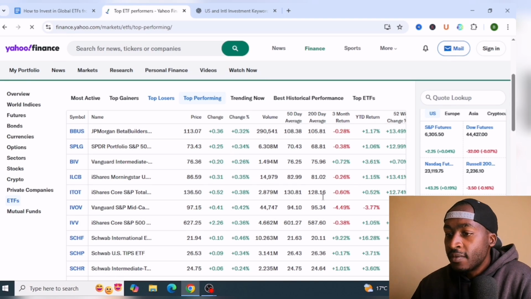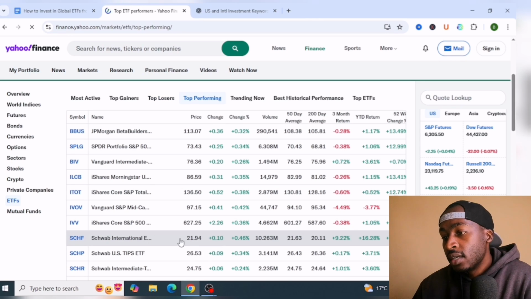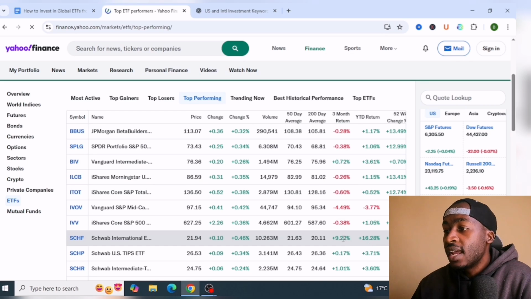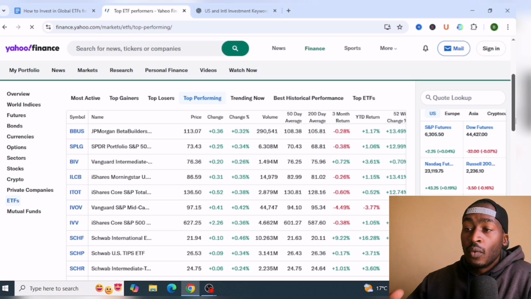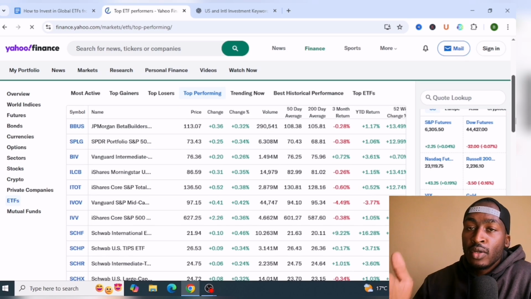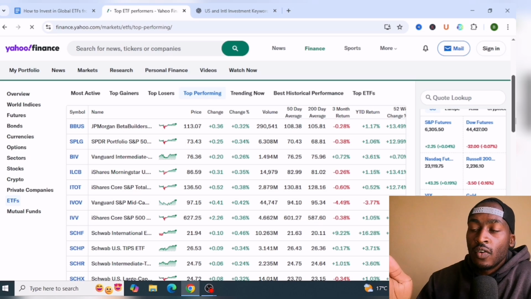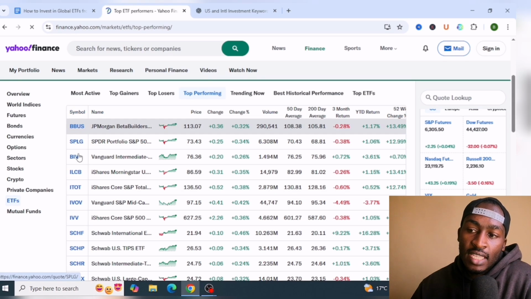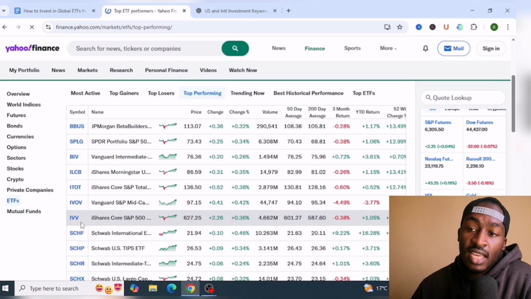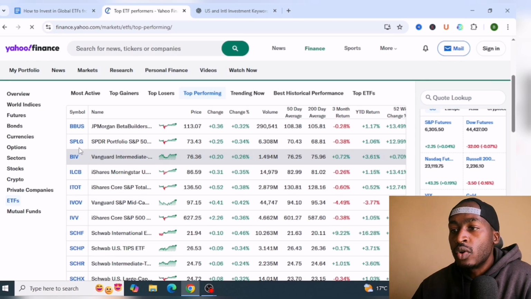For example, we have this Schwab International ETF, which is one of the best performing ETFs, and the returns year to date are 16% plus, and in the last 3 months it is 9.22%. So you can come here and search for ETFs, and usually when you go to a trading platform like Ndovu, you will be searching for symbols. These are the symbols of ETFs that you will be seeing on the trading platform like Ndovu or Hisa.